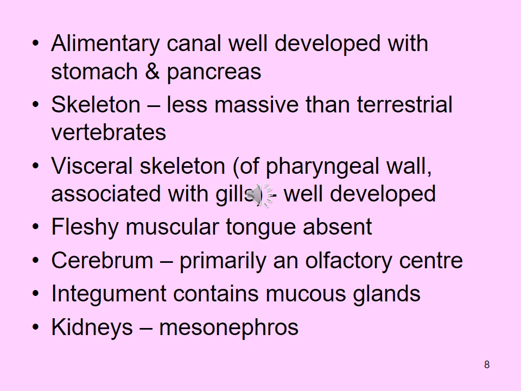The fishes do not have a fleshy muscular tongue. In the brain, the cerebrum has the primary olfactory center. The skin contains mucus glands. Regarding the kidneys, they are of mesonephros type.